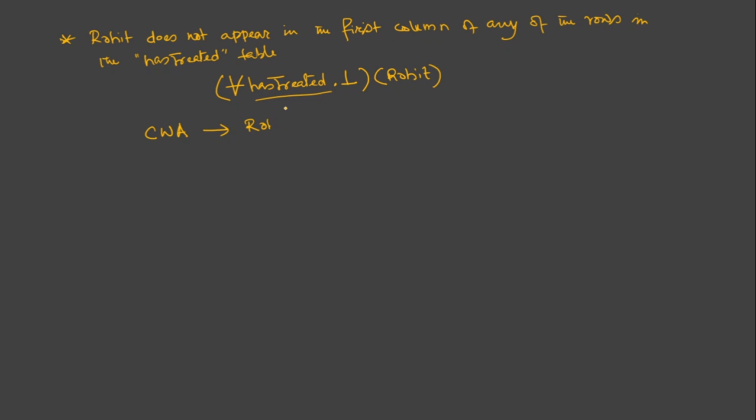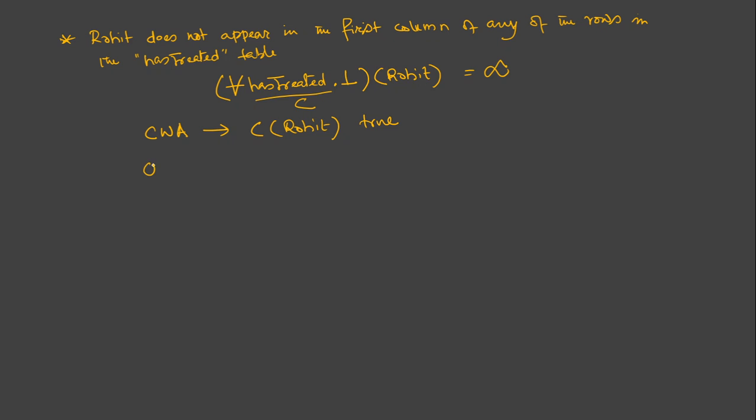If this is my C, a concept expression C, then C(Rohit), so basically this is my alpha, is the alpha that we are asking. So it will become true. We are saying that Rohit has not treated anything. That becomes true under CWA, right?